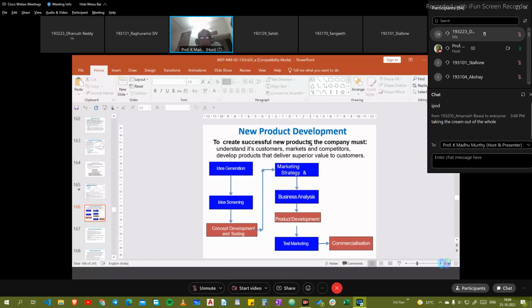So that's the idea generation. Then we come up with screening, then concept development, then marketing strategies, business analysis, product development, test marketing, and finally commercialization.